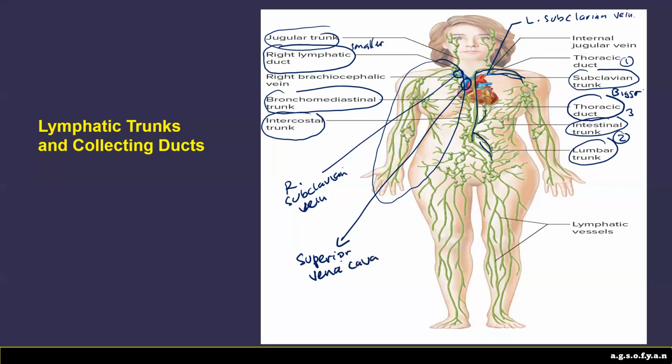So this is the drainage pathway of the lymphatic system.